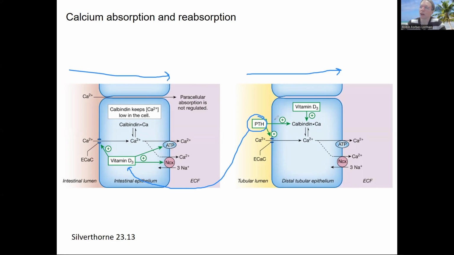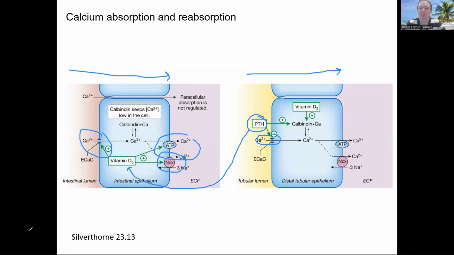But mostly I want to focus on PTH here as the signal for the kidney in terms of putting in additional channels and membrane proteins that allow for the reabsorption of calcium. Similarly, PTH is one of the signals for vitamin D that then has the exact same effect, that we have these additional membrane proteins being put in the membrane.